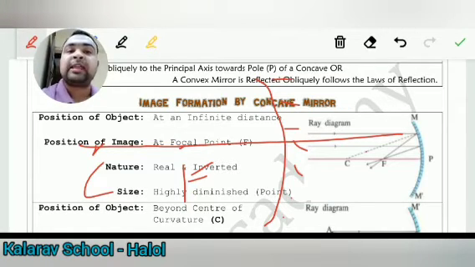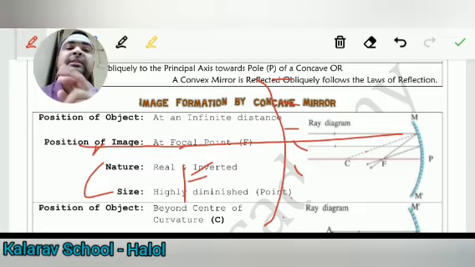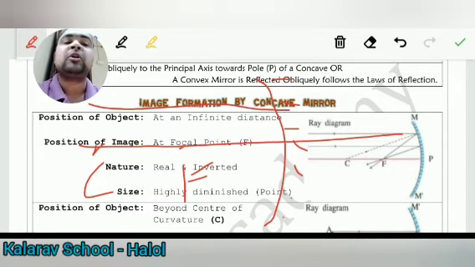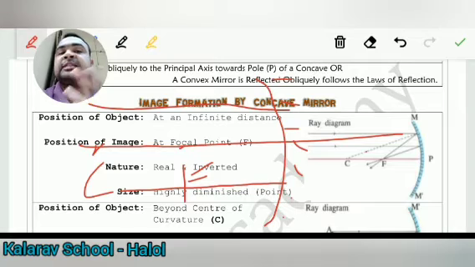Whenever the object is very far from the mirror, the rays coming from that object you have to always consider parallel to the principal axis of the mirror. Okay, so we know that we have to take at least how many rays to construct the ray diagram? 2 rays. So we are taking 2 parallel rays, because all the rays coming from the object are parallel, so you can take any 2 parallel rays.